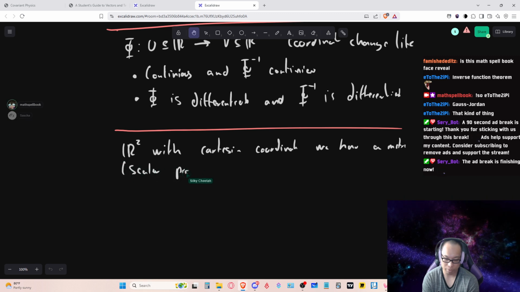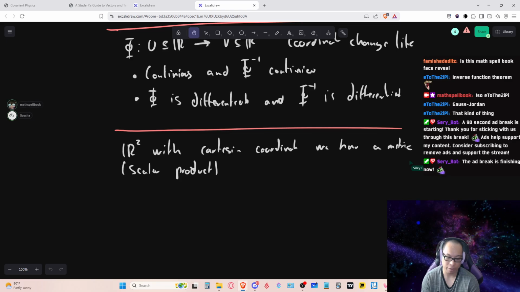Maybe we should explain what a metric is, in case anyone listening doesn't know. Well, I don't really want to get into metric, because then I have to talk about the formal definition of a tensor. Oh right, that's right. I just want you to have an example of stuff you can do. That's fine.